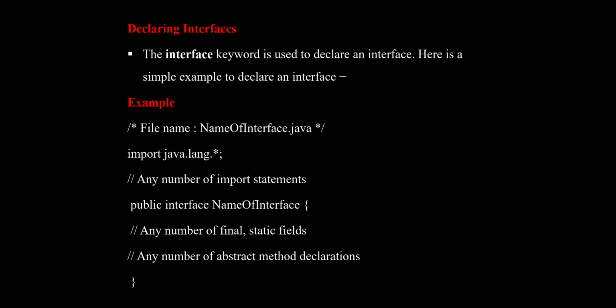With that, first we write the interface keyword, and in front of that we write the name of the interface. In that interface we declare some variables and methods. This is the simple declaration of an interface.